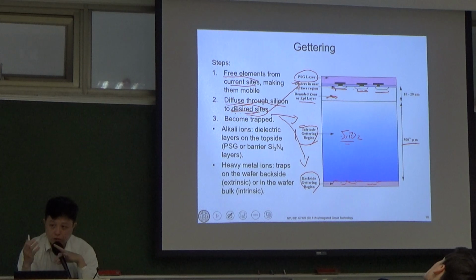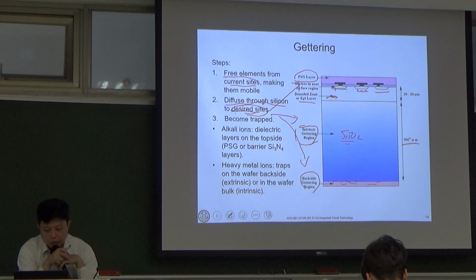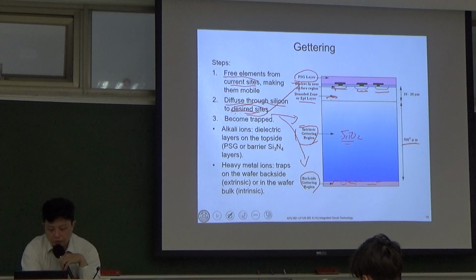So we try to make them move to this region, a region that we created on purpose or not on purpose. And then once they get into that region or that site, they can be trapped in that site.